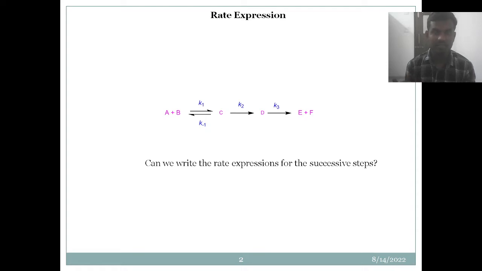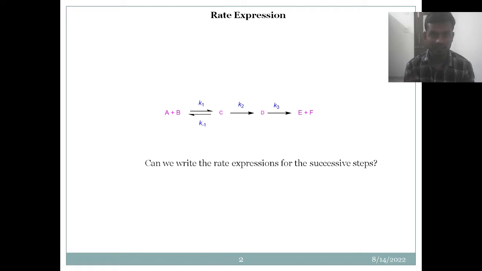Let's say we start with reactant A plus B, which is in equilibrium with C. Then C can go to D with rate constant k2. D then with rate constant k3 can yield two products, E and F. It's not a simple reaction, it's a hypothetical reaction. It may happen. Can we write the rate expression for the successive steps?